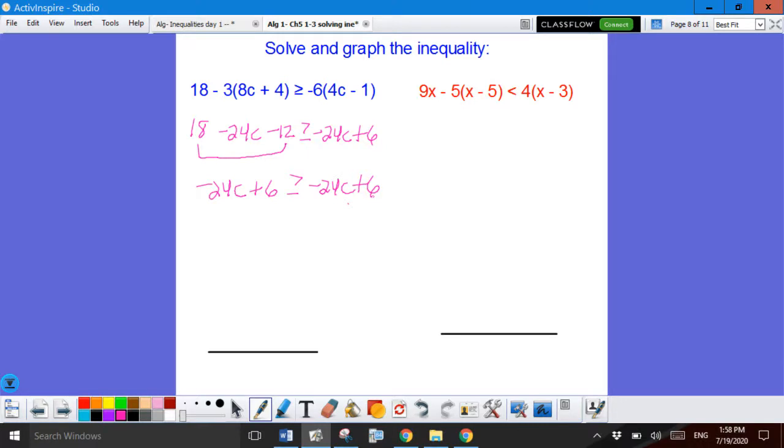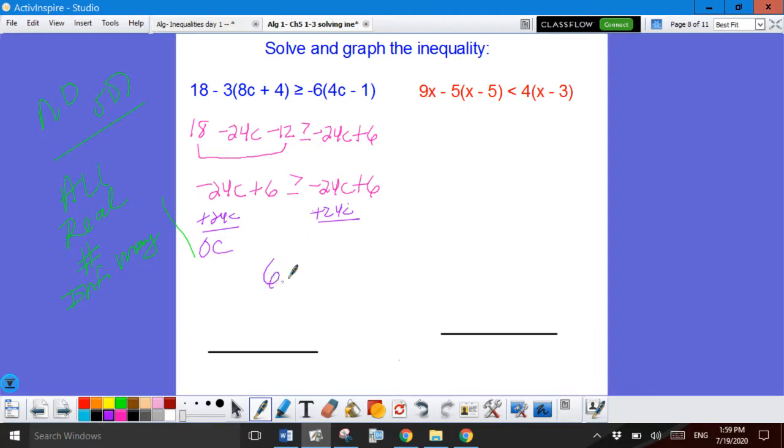It looks to me like these are exactly the same. So if I keep going here and add my 24c, notice how these go away. And if you remember, when we had 0x or 0y, we either had all real numbers, or infinitely many, or we had no solution. So that triggered one of those special case scenarios.